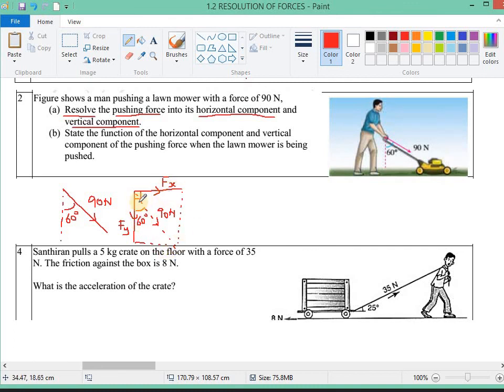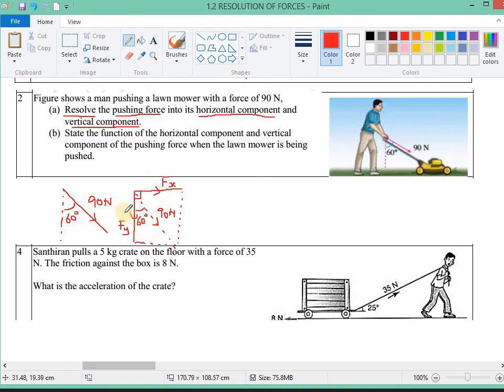Since the length of the sides and the diagonal represents the magnitude of the force, if you calculate the length, you can get the force. You can get how much Fx is, and how much Fy is.